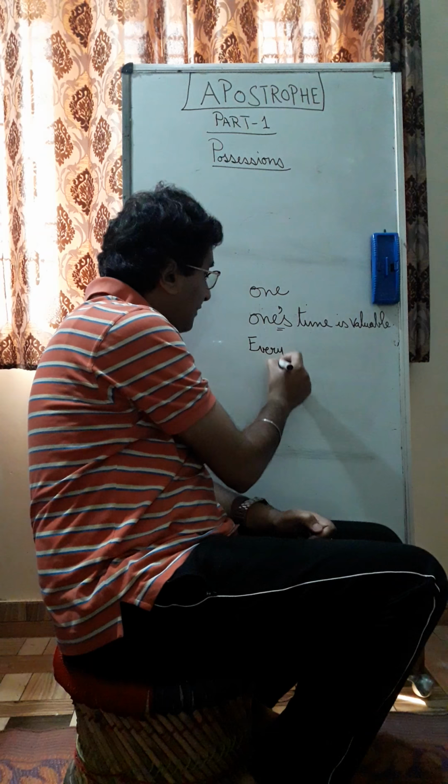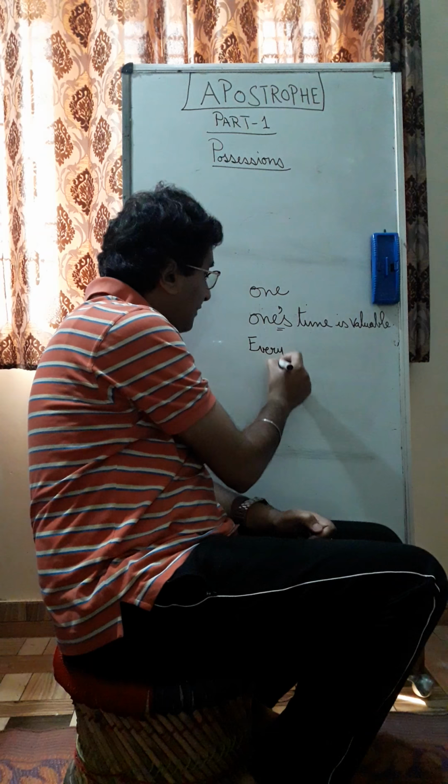Right, so who is Nishant? He's a man. So, man, apostrophe S, car. Now, what is the plural of man? The plural of man is men, and it does not end in an S. So again, the rule will be the same.